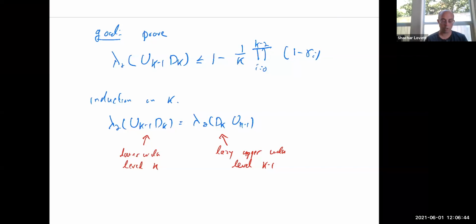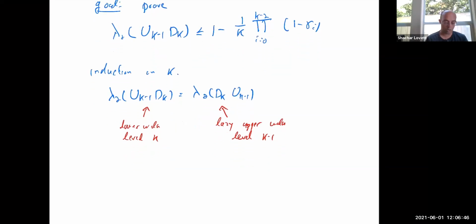So just to see, what happens if k is 1? If k is 1, the bound we're trying to prove here is 0, right? And what do we have here? What is lambda 2 of D_1 U_0? We start at level 0, which has a single node, we go up to level 1, we go down.